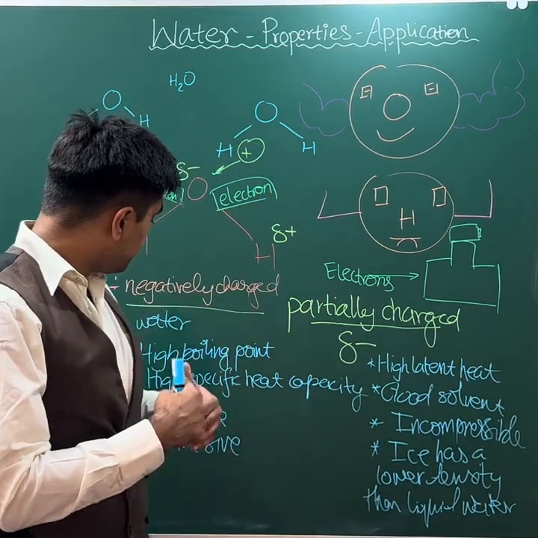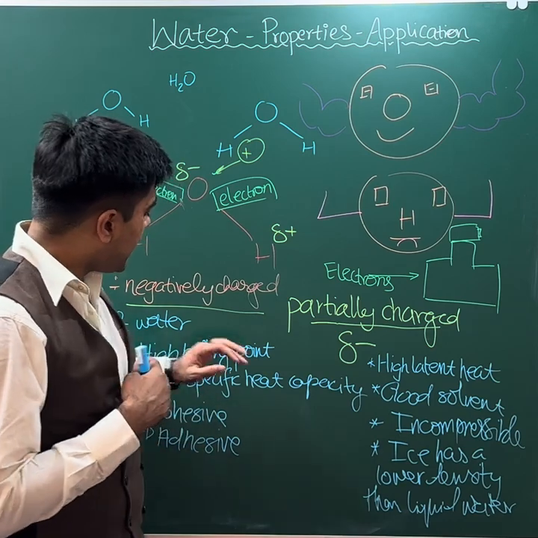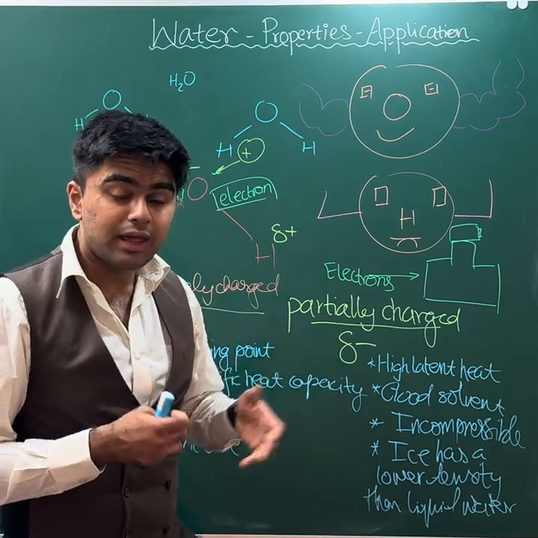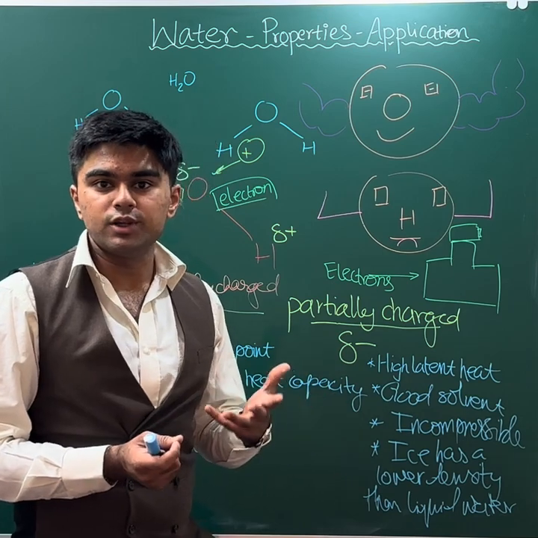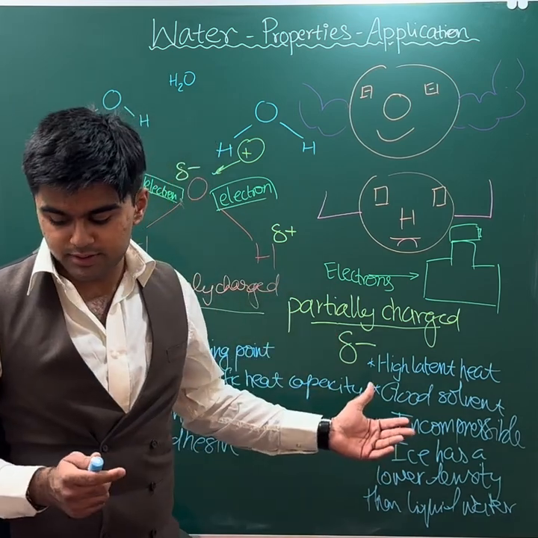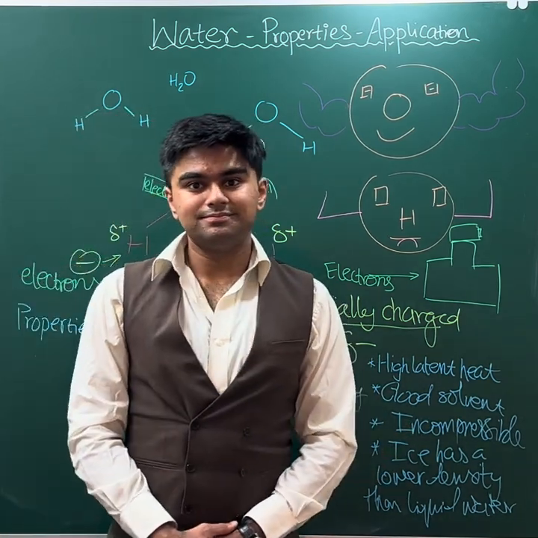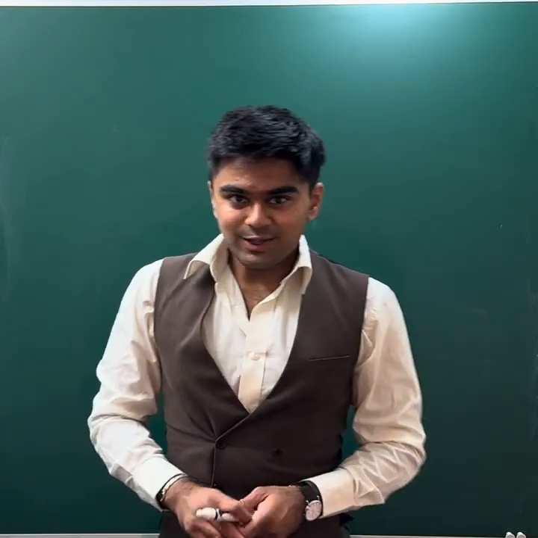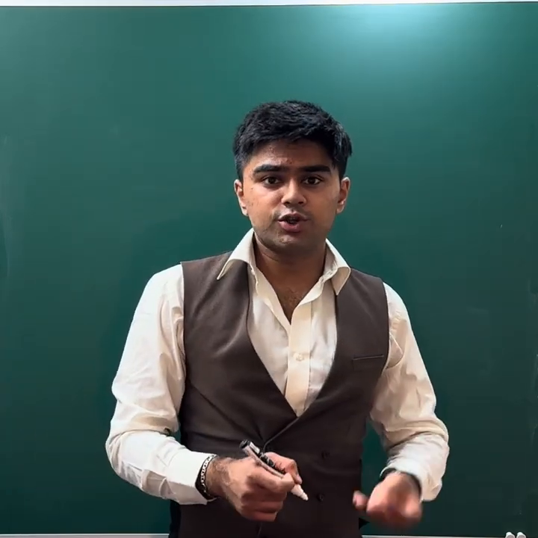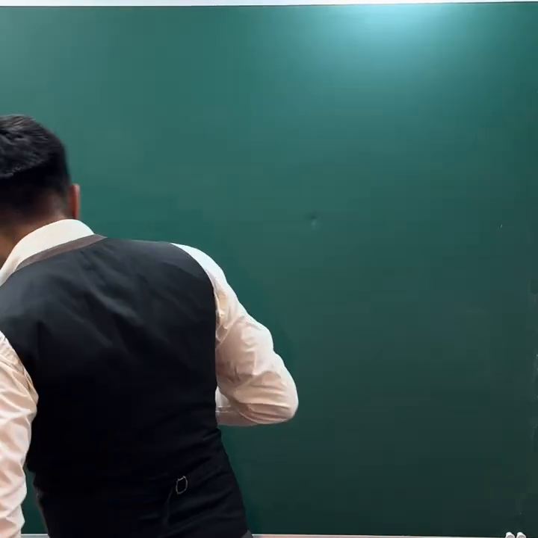So now I'm going to flip the board over and we're going to go over why water has a high boiling point and what's the benefit in biology of water having a high boiling point. So now let's go over the property of why water has a high boiling point and what's the actual biological benefit of that.